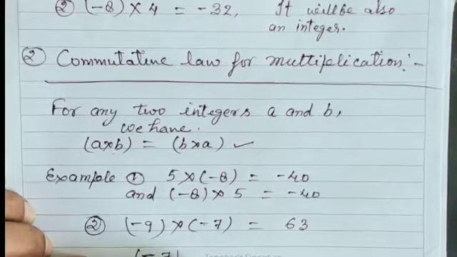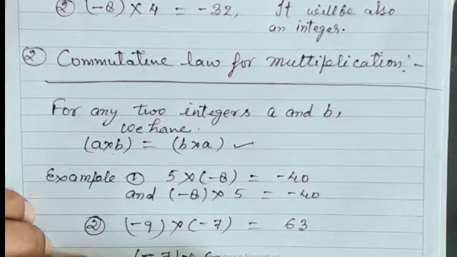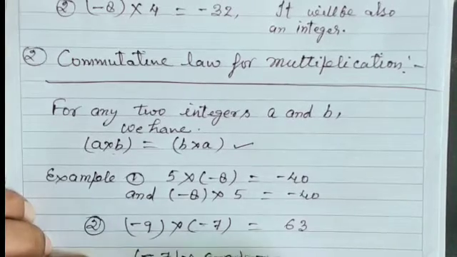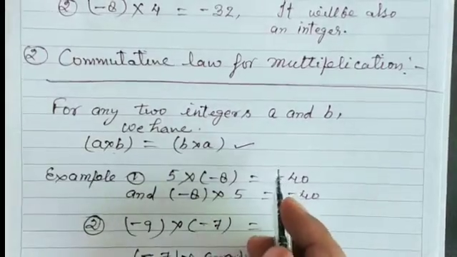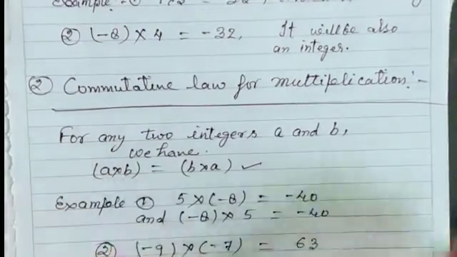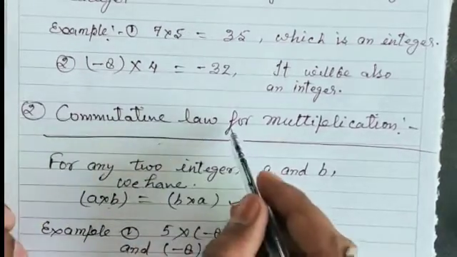Now we take first -7 and another -9, then also it will equal 63. It means a into b is equal to b into a. So this is known as the commutative law for multiplication.